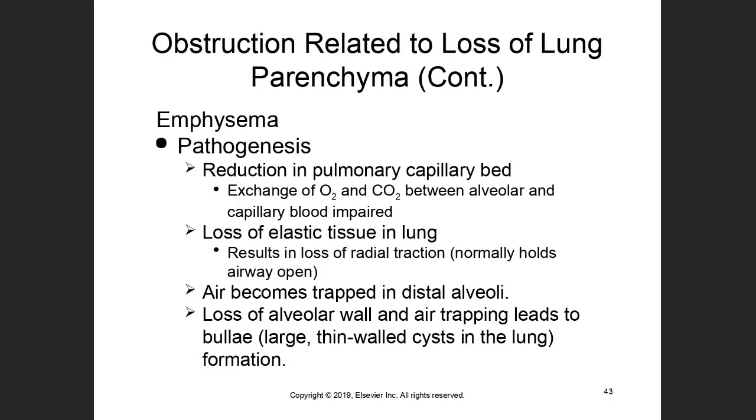Loss of elasticity of the tissue, so the lungs lose the ability to expand and recoil. Air becomes trapped in the distal alveoli, with loss of the alveolar wall, and air trapping leads to bullae.